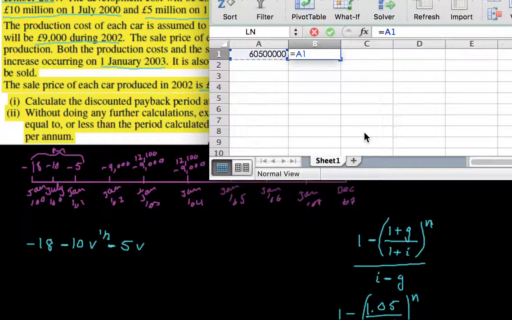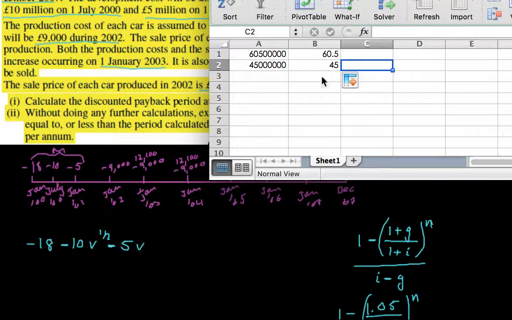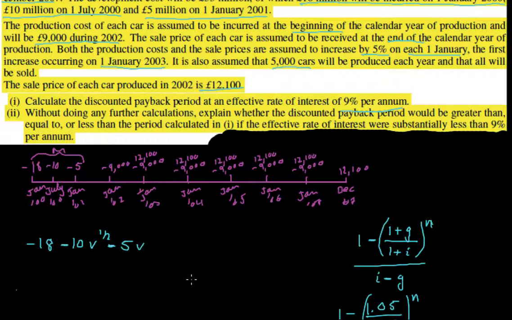And so we can just do that divided by a million, so we're looking at 60.5, and then we've got £9,000 that we're spending times 5,000 cars, and it's the exact same thing, so that looks like it'll be 45 million over there.